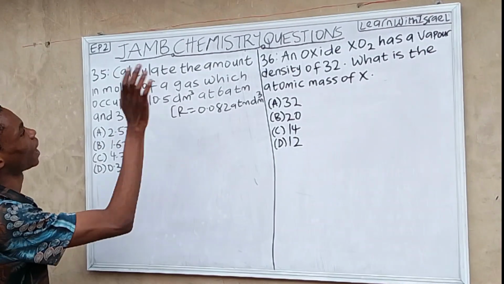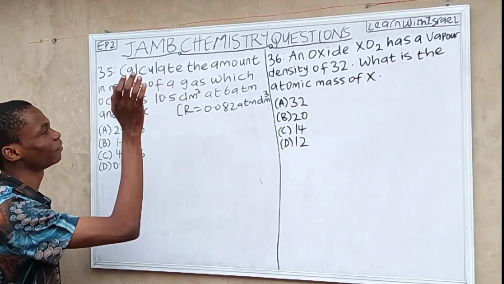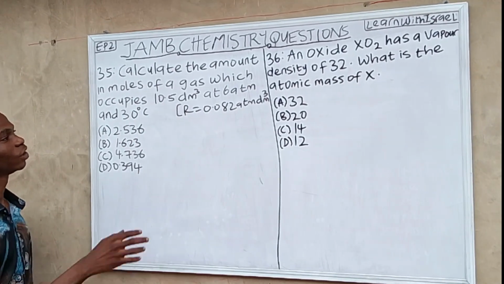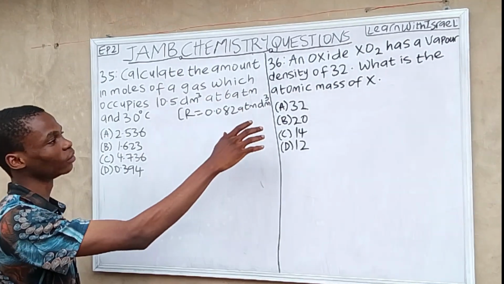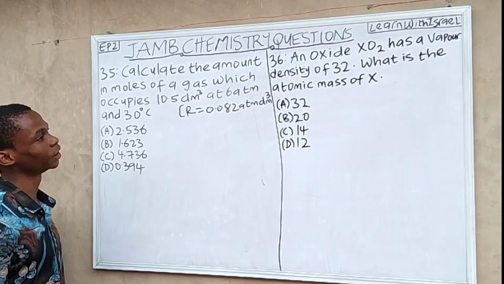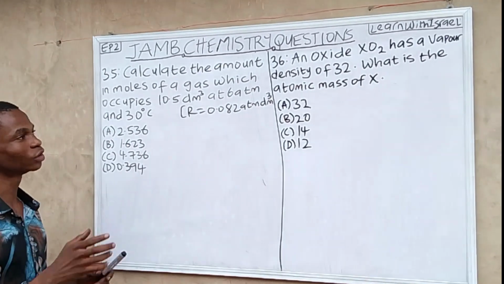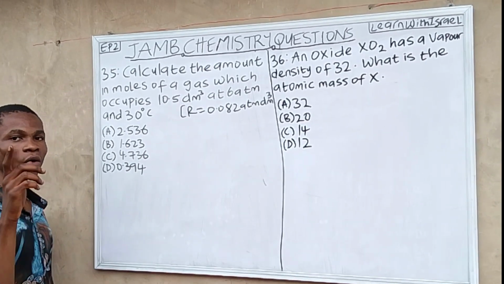Question 35. Calculate the amount in moles of a gas which occupies 10.5 dm cube at 6 atm and 30 degrees Celsius. So we have our ideal gas constant which equals 0.082 atm dm cube. When solving general gas questions, you need to know your formula.